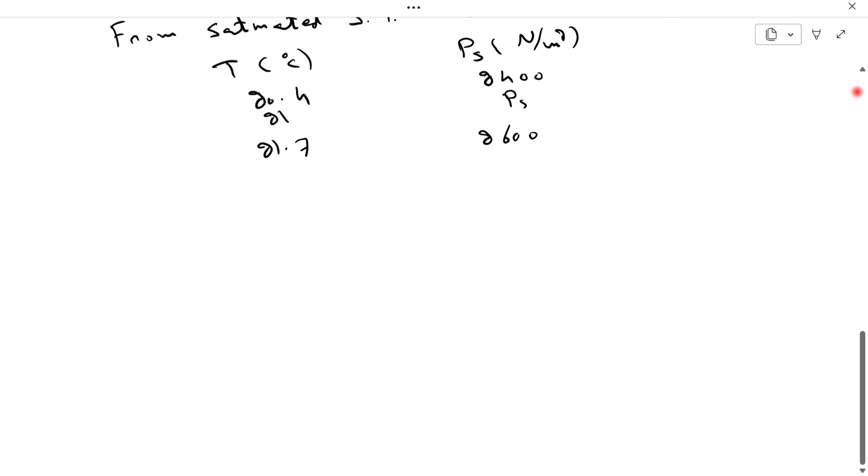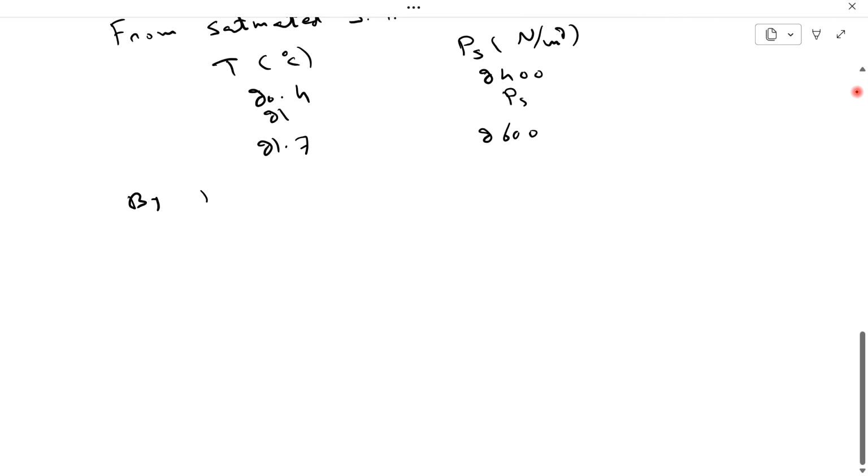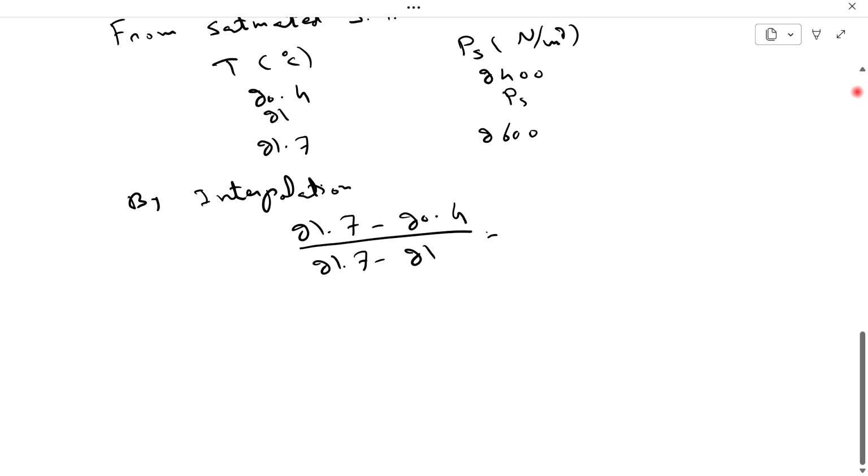So by interpolation, (21.7 minus 20.4) divided by (21.7 minus 21) is equal to (2600 minus 2400) divided by (2600 minus PS).